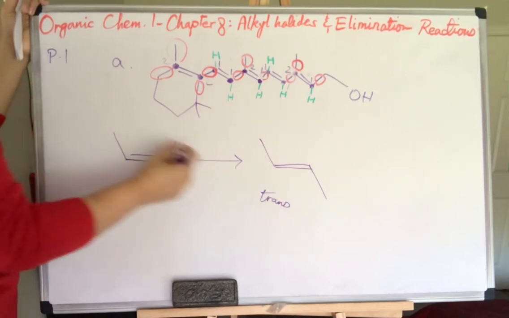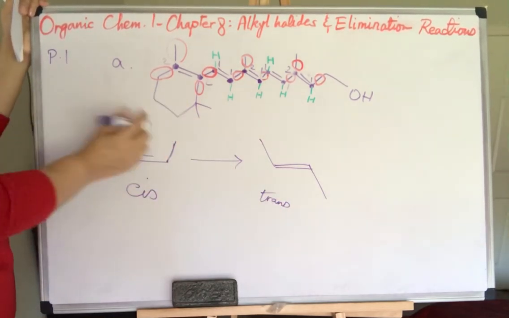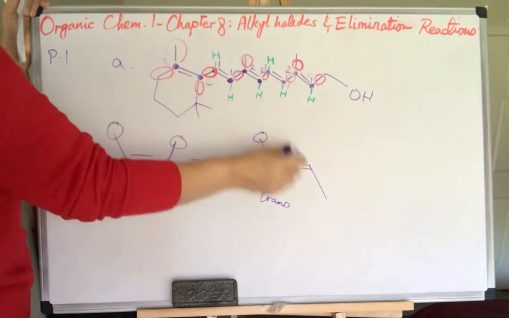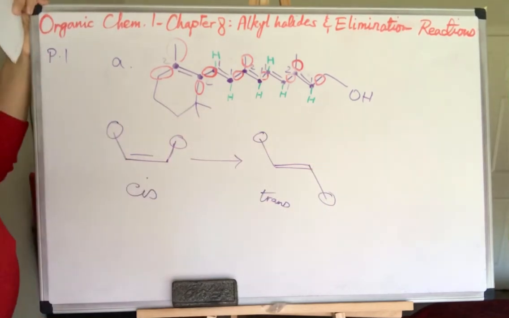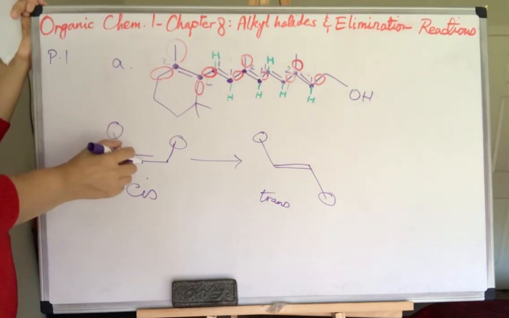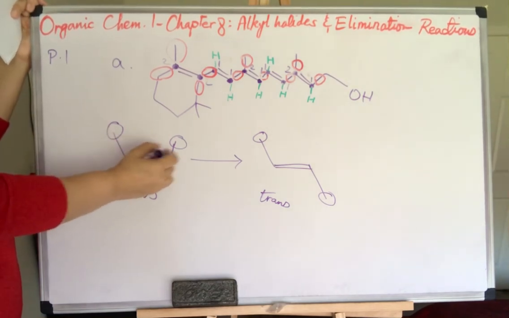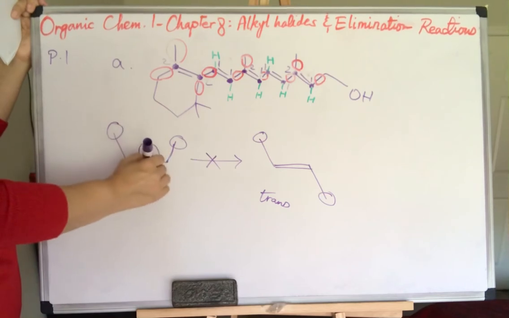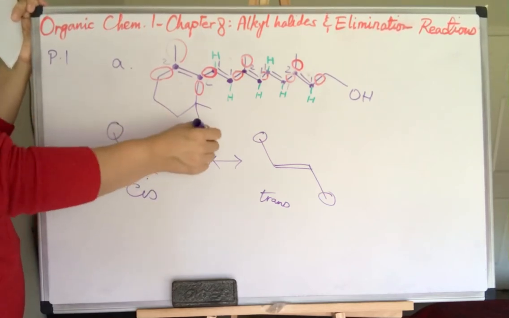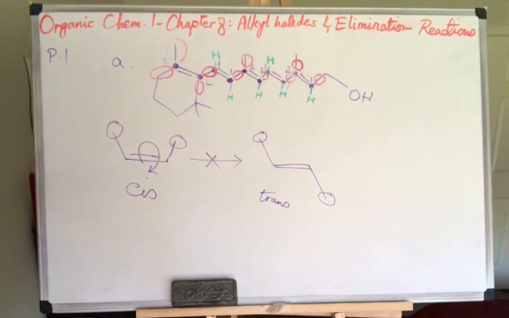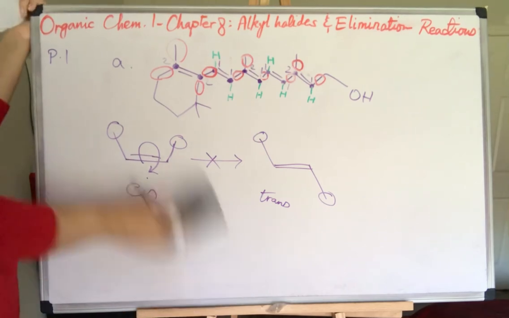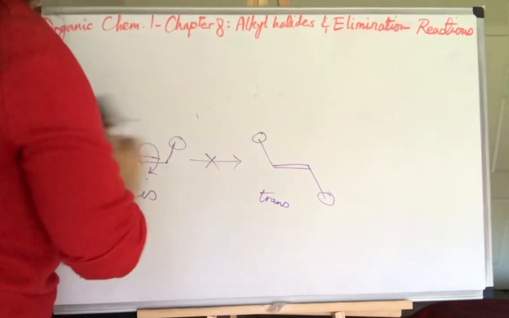Alkyl groups, the carbons, on one side, the carbons of double bonds are on 2 sides. But don't forget that there is no rotation around the double bond. There is no rotation. Pay attention to this. Don't assume that, just like the single bond, these double bonds can rotate. Let's move towards page 2.